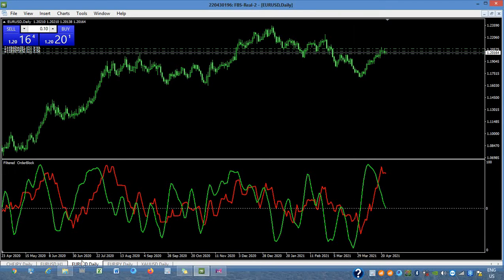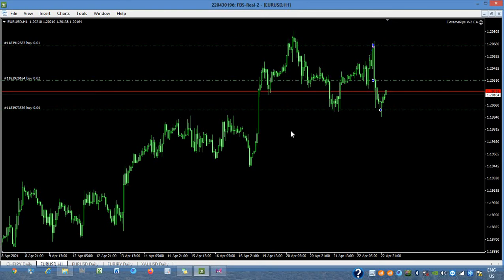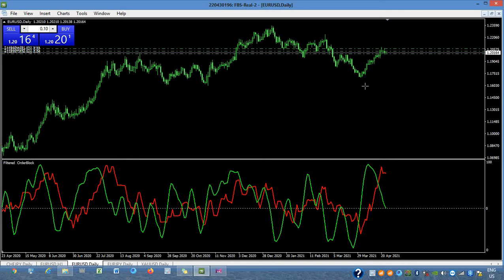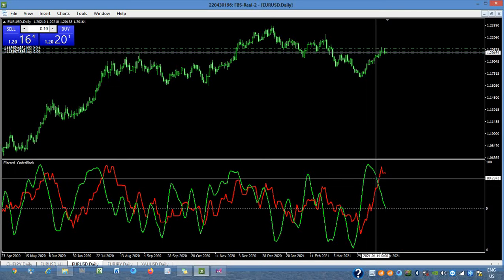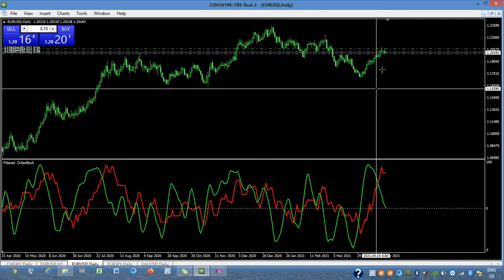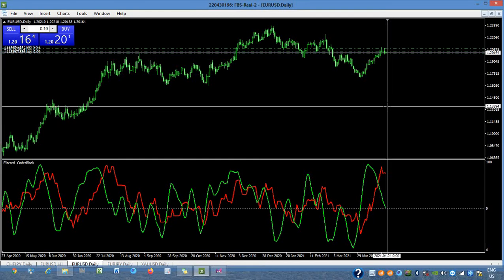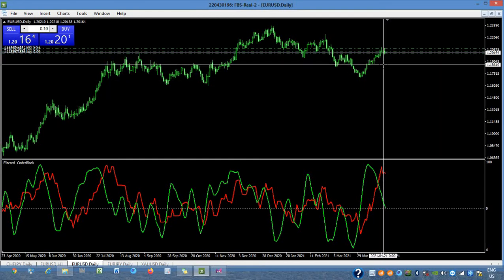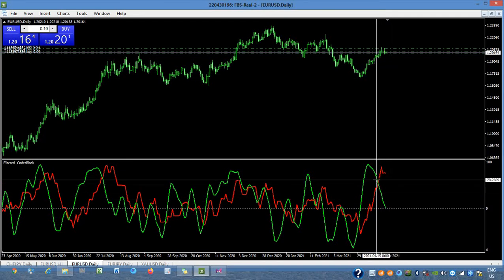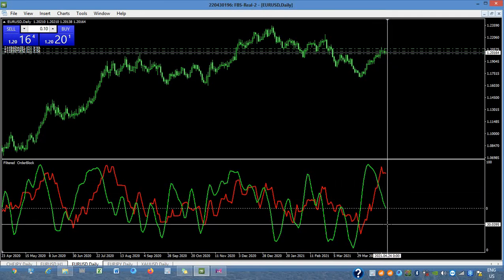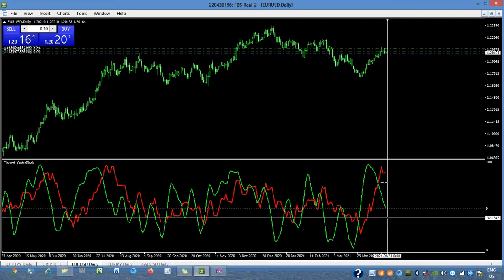That's why I decided to put a higher lot size for my sell, because as you can see here, the order block already changed its direction, signaling that this trend will go down. If this trend goes down, it's a sell for the next week, or the incoming weeks.